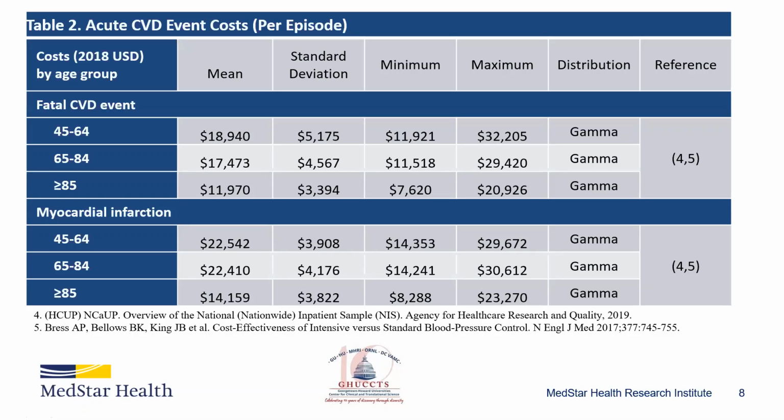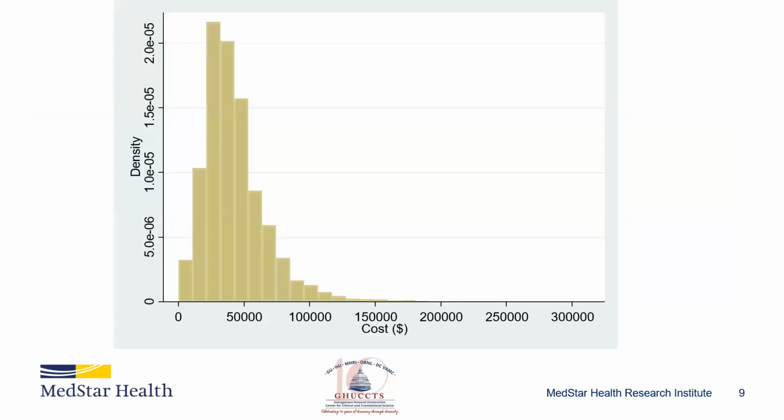One thing you notice that we present in this table is the distribution. So how is cost distributed? That is, if you were to do a histogram of cost, what would it look like? Typically, costs are assumed to come from what's called a gamma distribution. And it's certainly not a normal distribution, because if you do a histogram of costs, it's typically right skewed.